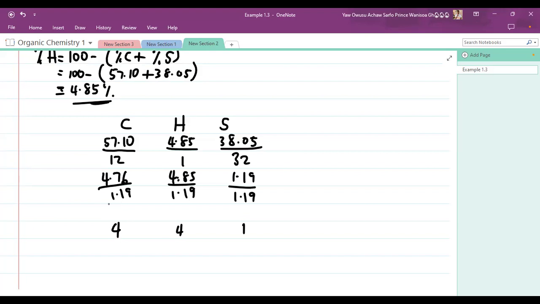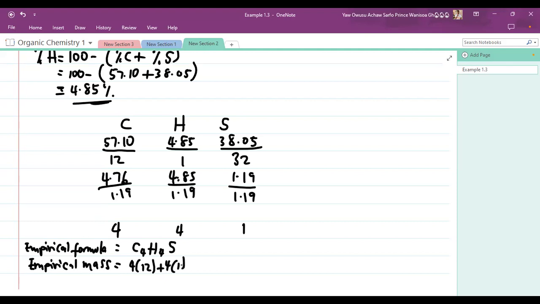So our empirical formula will be equal to C4H4S, and the empirical mass will be 4 times 12 plus 4 times 1 plus 32, which is equal to 84.